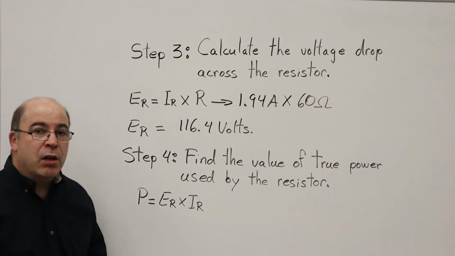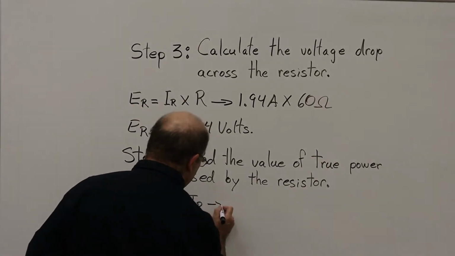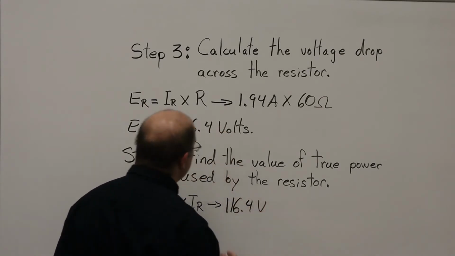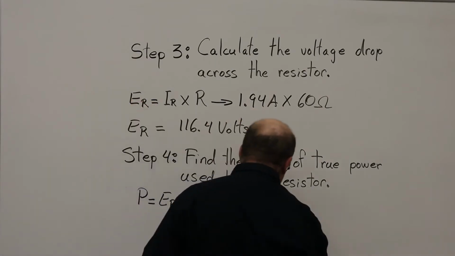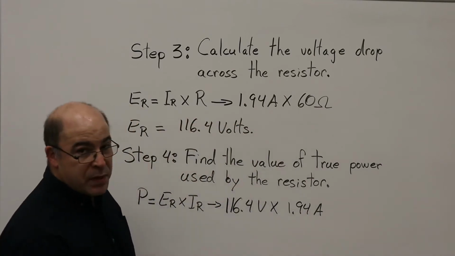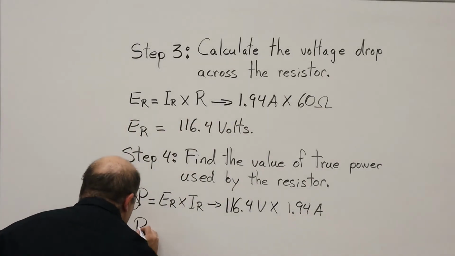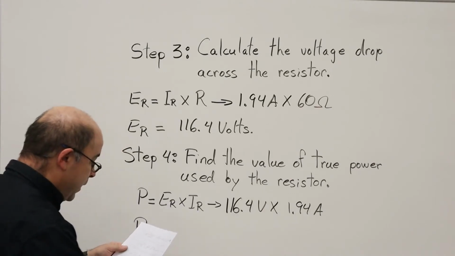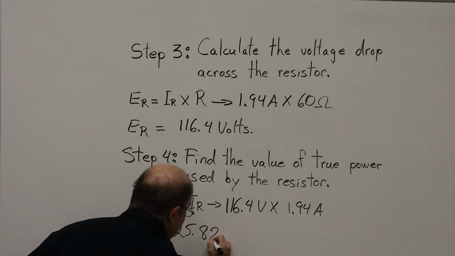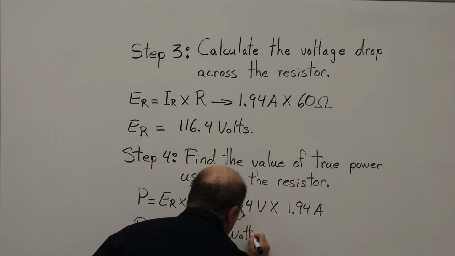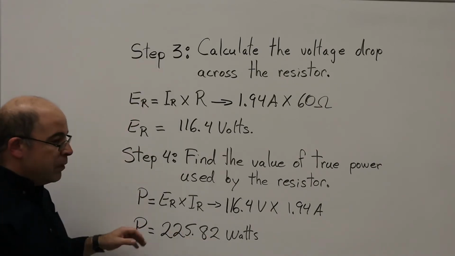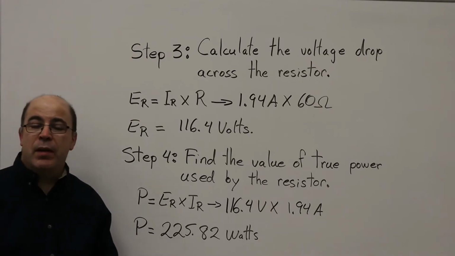We can add our values, which will be 116.4 volts multiplied by the current, 1.94 amperes, and the result is going to be, for power, 225.82 watts of power. Now, this concludes all of the missing values across the resistive component in my series circuit.